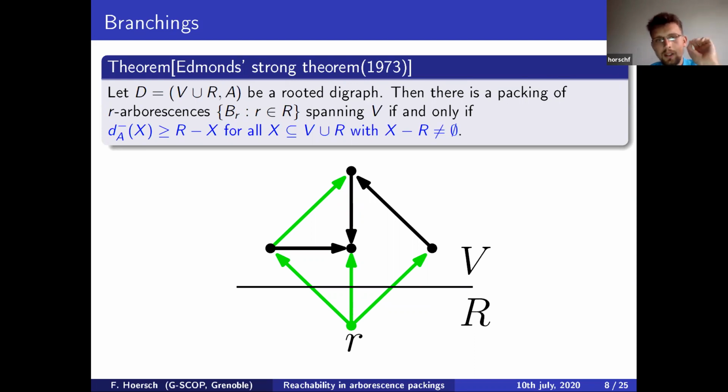You want the same thing, you get the same conclusion, but in a slightly more general setting. Now I allow several arcs coming out of the root vertex R which belong to the arborescence. We will use this theorem, and I remark again, its proof is way more complicated than the first theorem.